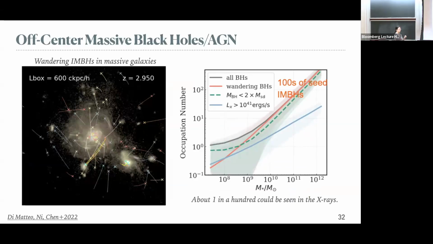Basically the black hole is bright in X-rays only if they encounter some parcel of dense or cold gas, or if it's a disk galaxy, it then orbits across the disk, then it can shine bright for a very small amount of time. And so, yeah, we can have hundreds of these wandering black holes, but only about 1% of them can be seen as bright X-ray sources.